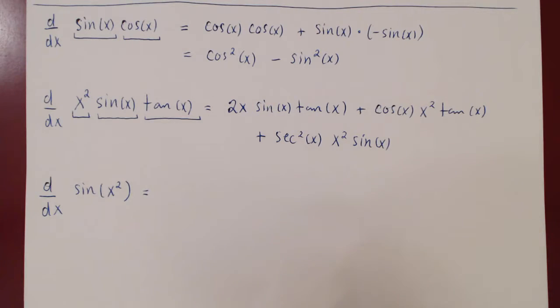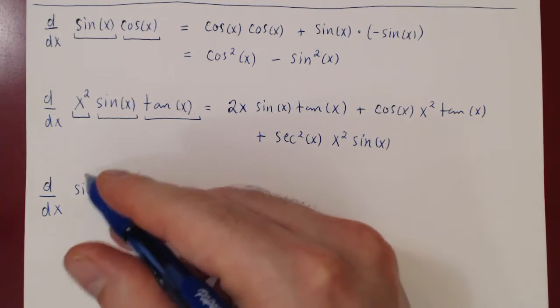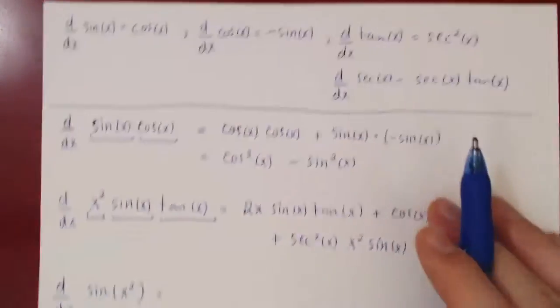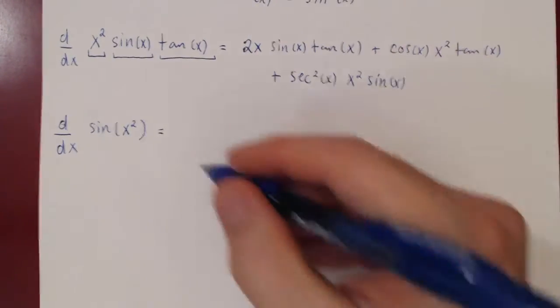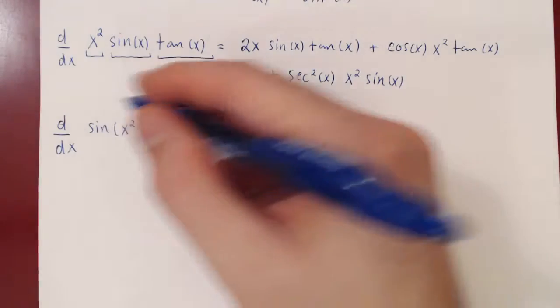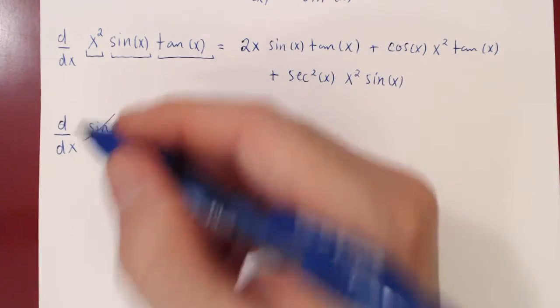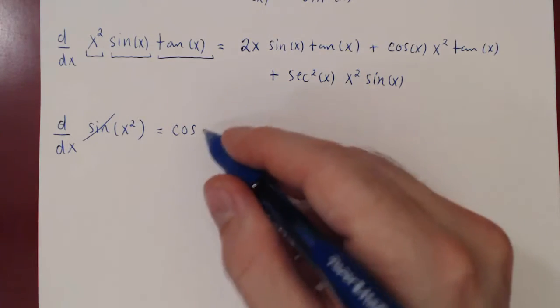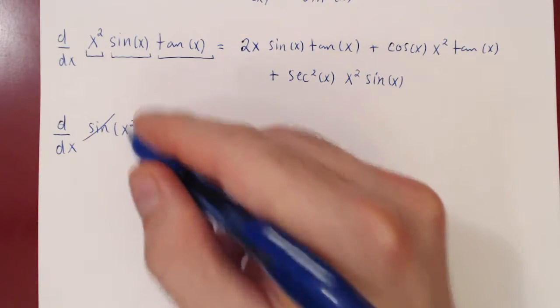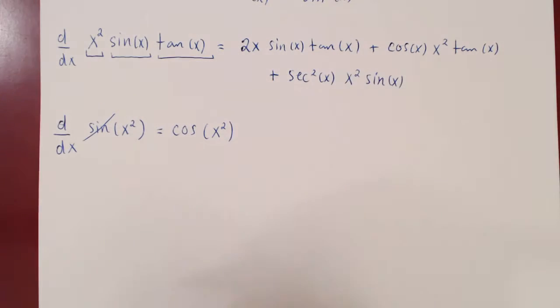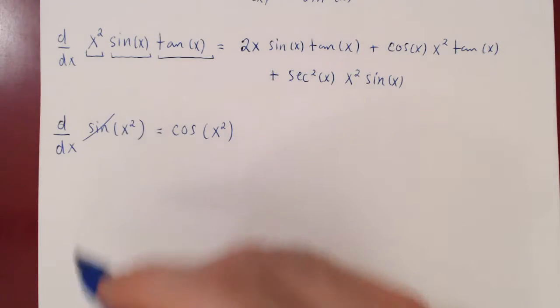So the chain rule says differentiate the outside function. The derivative of sine, if you remember, is cosine. We differentiate sine, cross it off, it's gone. Cosine of what? Of whatever is left over, which is x squared. But there is something left over that we have not differentiated, and that is the x squared term.